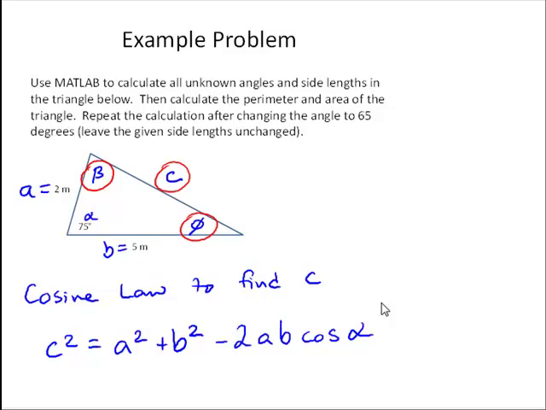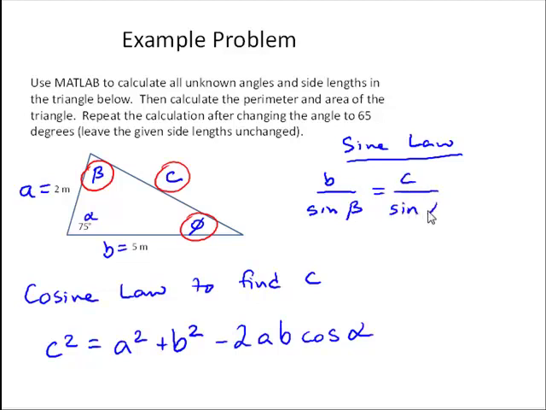And then for beta and phi, we can use the sine law. The sine law tells us that b over the sine of beta is equal to c over the sine of alpha, which is also equal to a over the sine of phi. So we've got those two pieces of information.